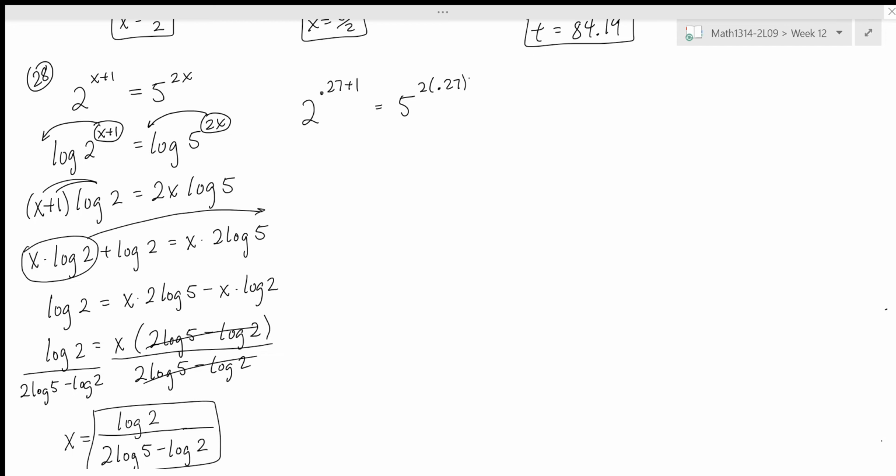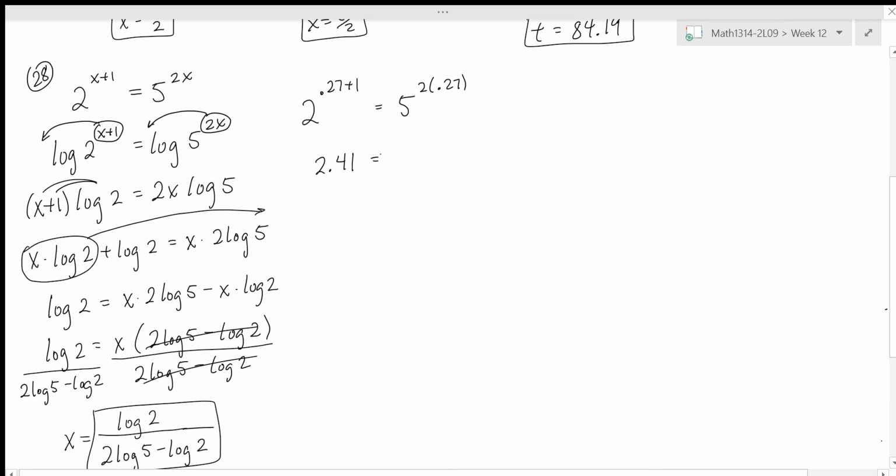Because 0.27 plus 1 is 1.27, what is 2 to the 1.27 power? Where do you want it rounded to? 2.41. Okay.